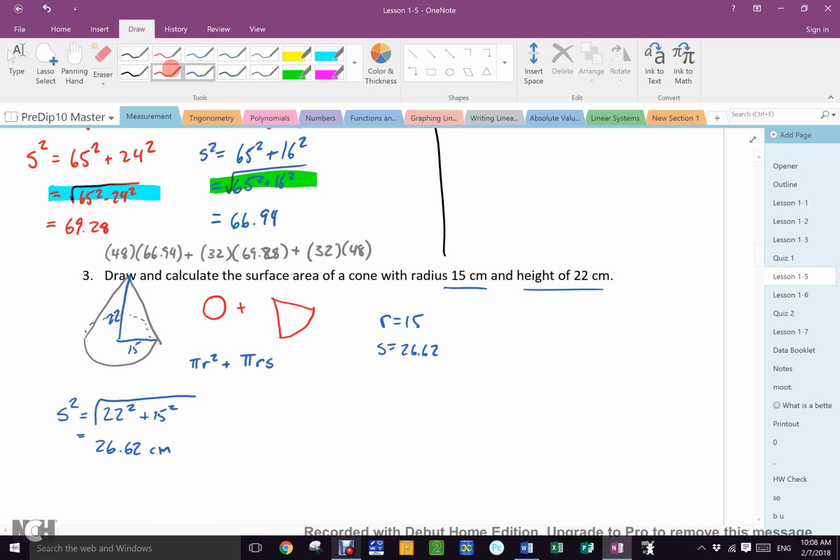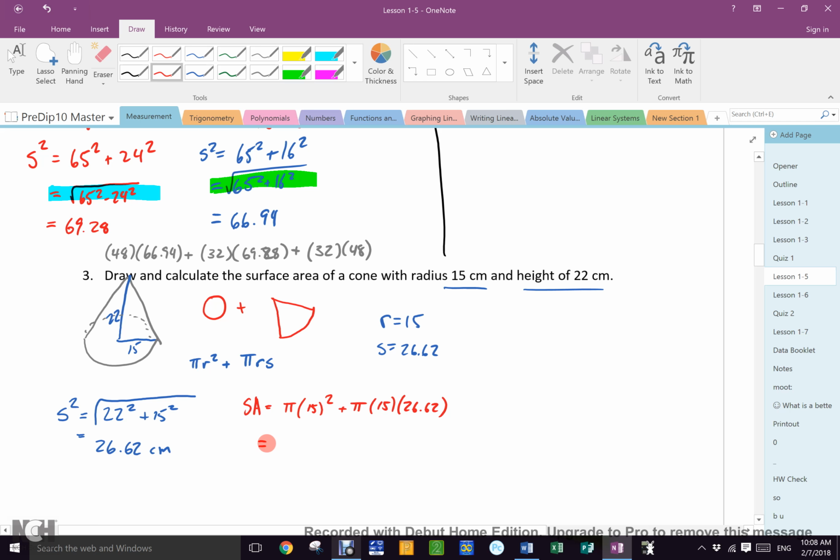Can I now fill in my formula? Surface area equals pi times 15 squared plus pi times 15 times 26.62. Everybody cool? Okay. Now, stop for a moment.